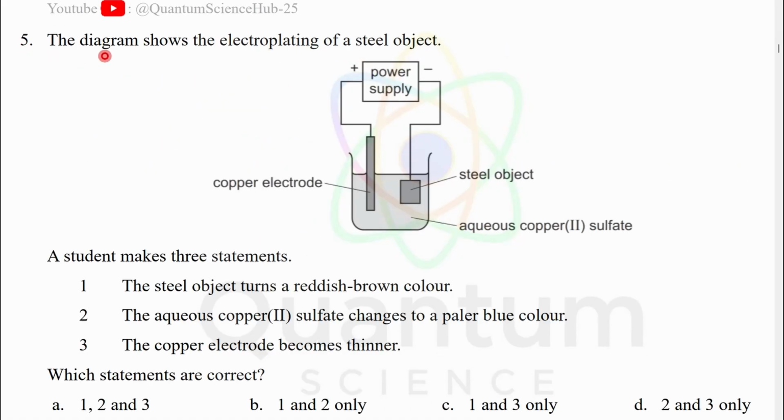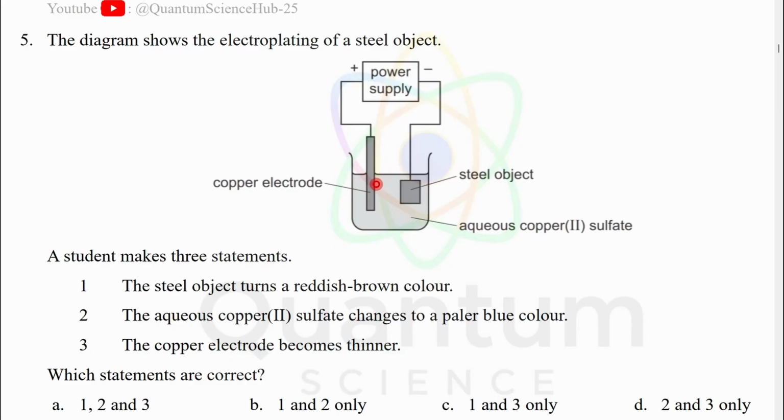Question 5. The diagram shows the electroplating of a steel object. So this is the electroplating. A student makes 3 statements. Okay, let's check the statements in here. Statement 1. The steel object turns a reddish brown color. Okay, how is the movement of ions in electroplating? Remember, in electroplating, the ions move from the positive electrode or anode to the negative electrode, right?